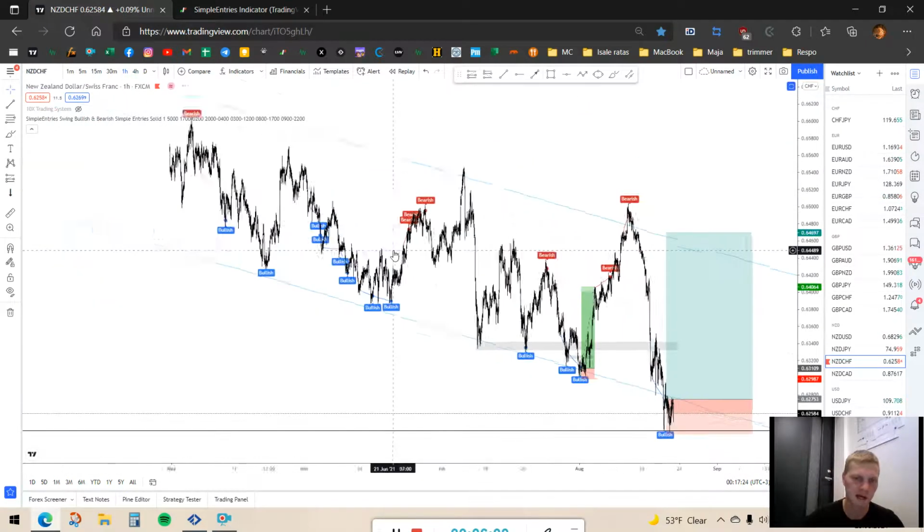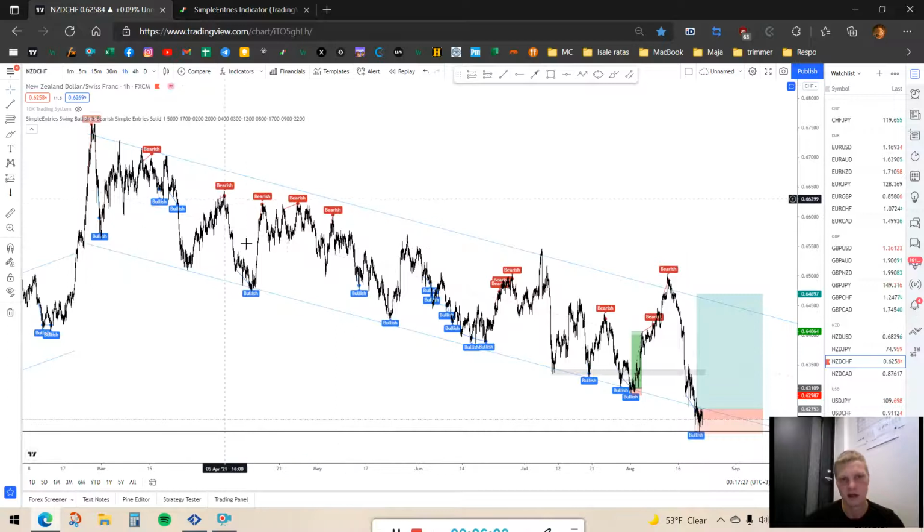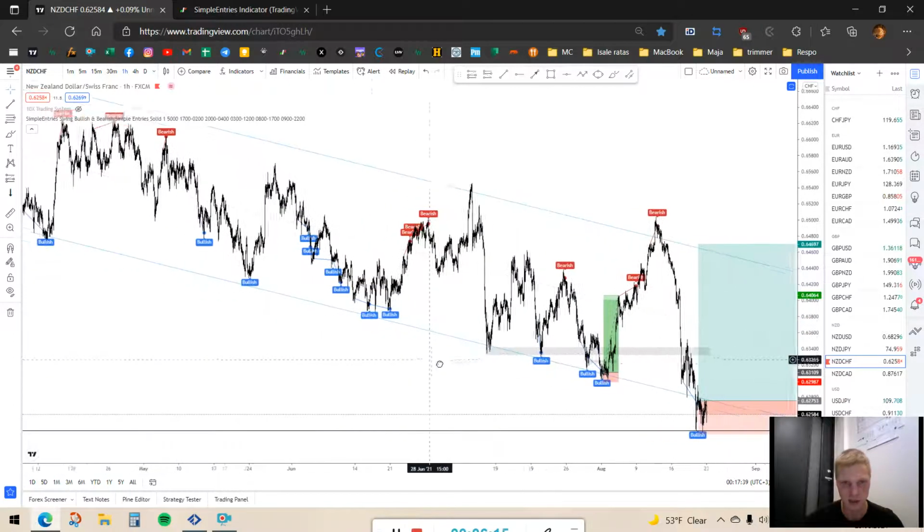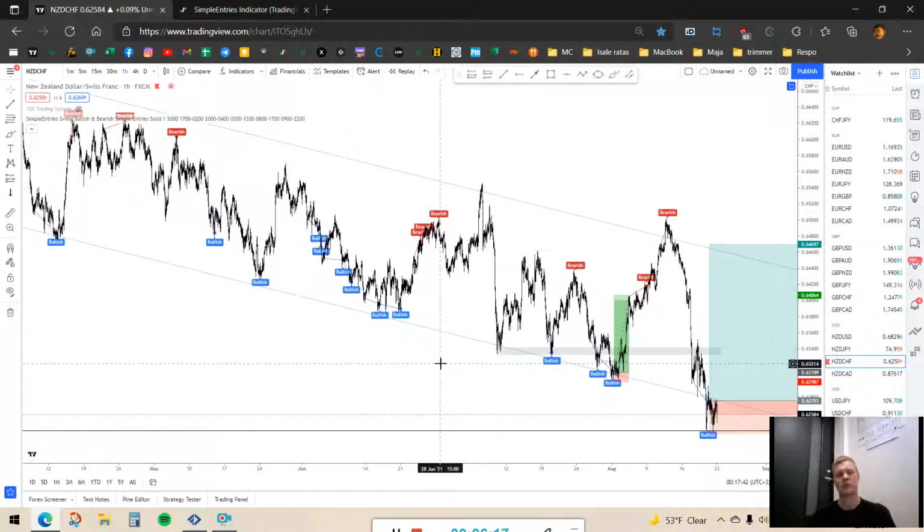So when I look at entries on H1: down, down, down, down, down, up, up. Yeah, there are bad signals with this indicator as well. You can't expect a 100% win rate with just an indicator. You have to combine it with your strategy. So there are bad signals, but you can filter them out with your own trading system.